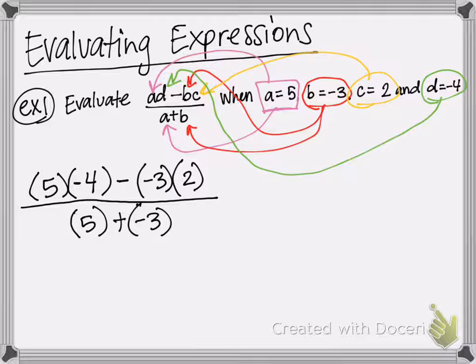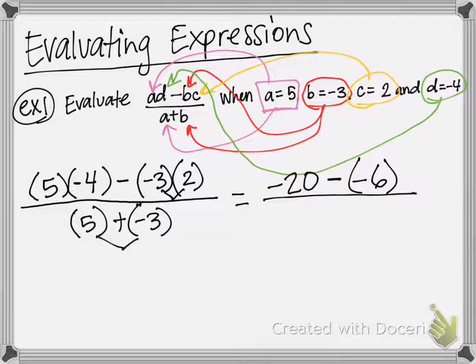From there, I'm just going to simplify using my order of operations that we practiced yesterday. So I know that 5 times -4 is -20. I'm going to leave that subtraction. And I know that -3 times 2 is -6. Right, so I have that in parentheses.